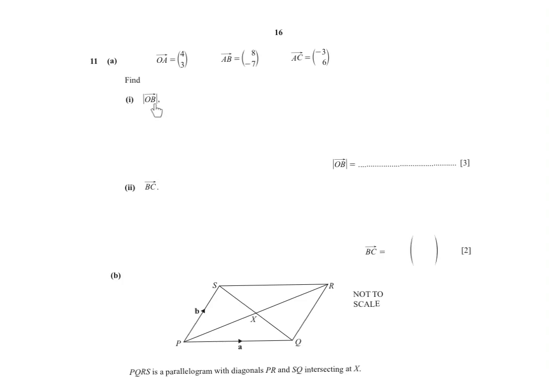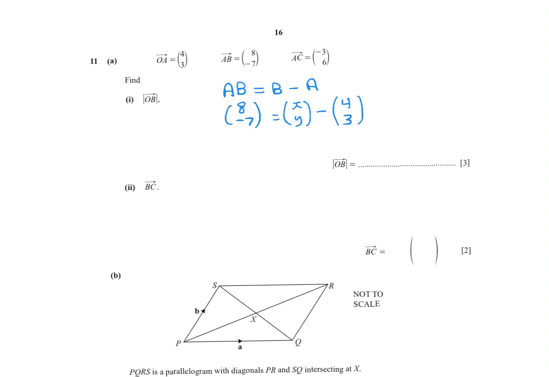How to find the vector OB? Firstly, we know that AB equals B minus A. AB is (8, negative 7), which equals vector B, which is (x, y), minus A, which is (4, 3).